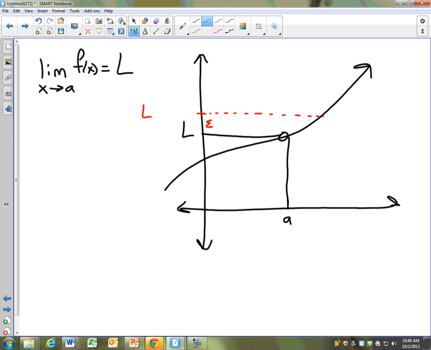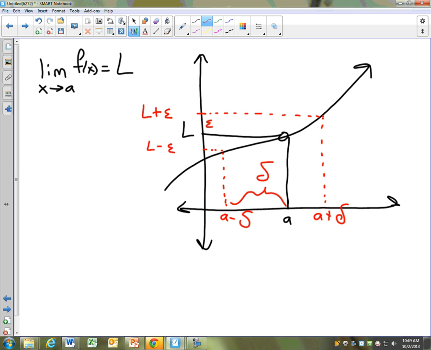This is L plus epsilon, and this is L minus epsilon. If for every epsilon greater than 0, there exists a delta. So this distance right here is delta, and so we have A minus delta and A plus delta.